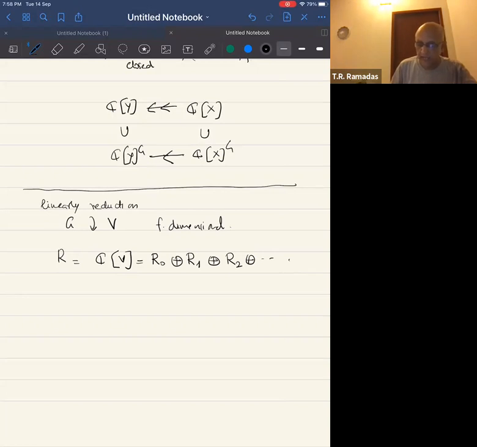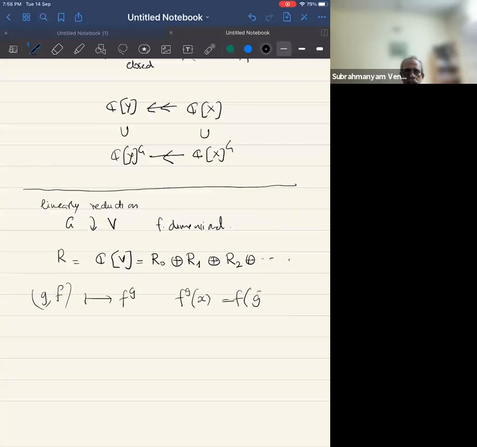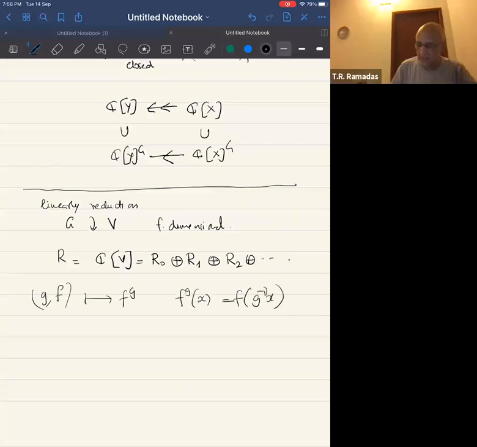Given an action of a group on a vector space, the same group acts on the functions on the vector space: f goes to f^g, which is the function whose value at x is the value of f at g inverse of x. The g inverse is put here to make this also a left action.